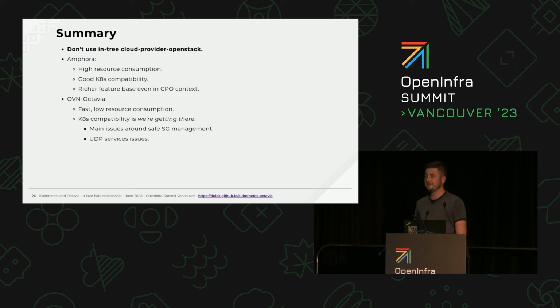In general, if you plan to use UDP services with the load balancer type, I would recommend to double check everything, because this is where the devil is, right? So with MetalLB, as I've told you, it has its own issues and limitations, and maybe it's an option if you don't have Octavia in the environment, but honestly, I would probably recommend going with Amphora if you have Octavia available.